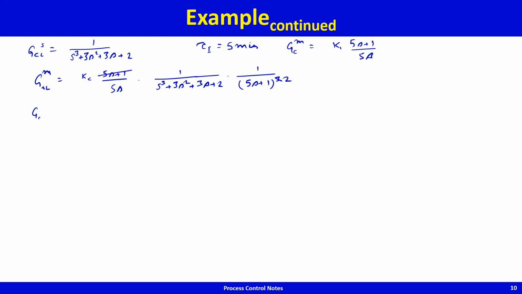So G open loop for the master loop, without the kc, is going to be 1 over 5s into, let's factorize this, s plus half minus square root 3 by 2j into s plus half plus square root 3 by 2j times 5s plus 1 whole square.